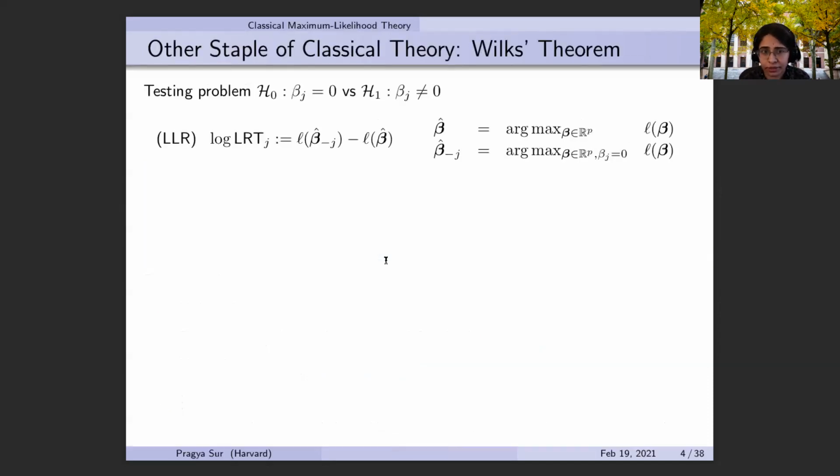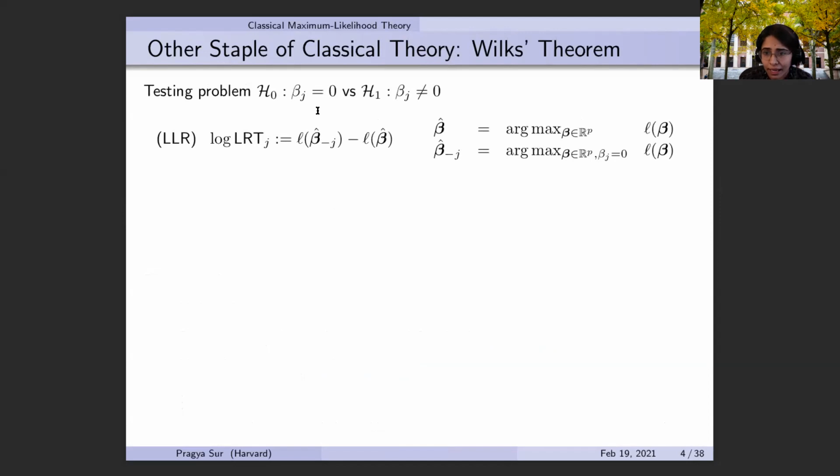Another staple is in the context of hypothesis testing, which we all know as Wilks' theorem. If you want to test whether a single coefficient is important or relevant or not, you can compute the likelihood ratio statistic.